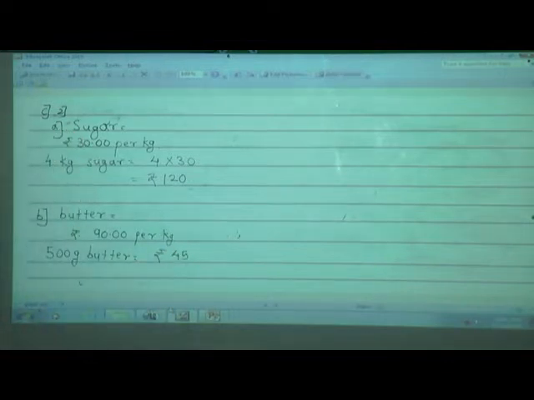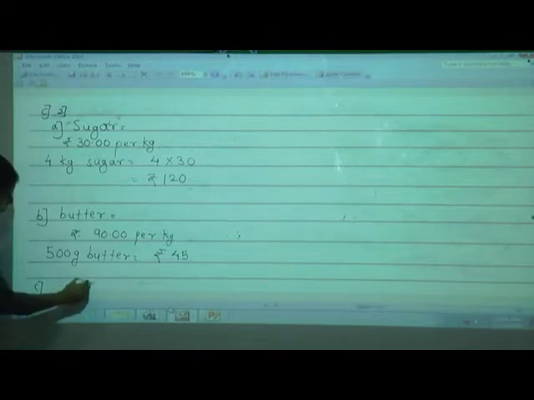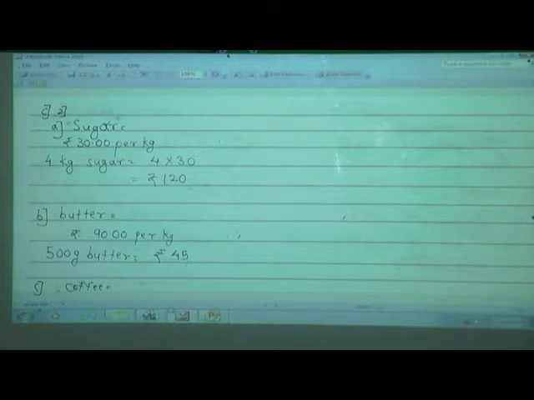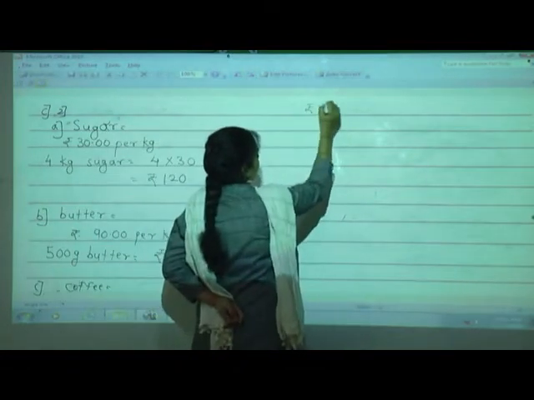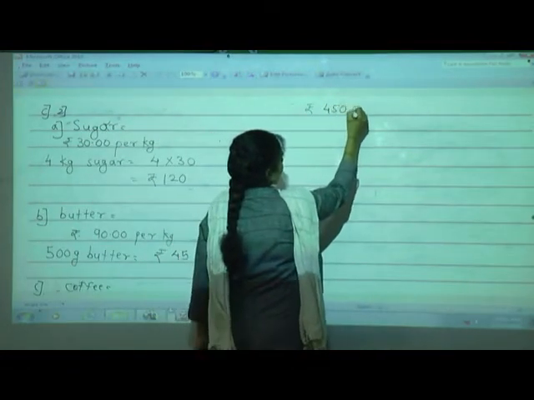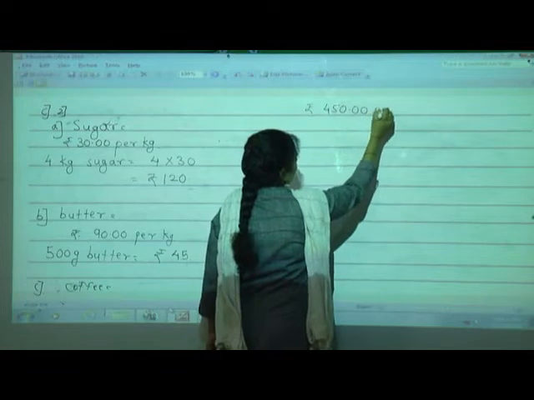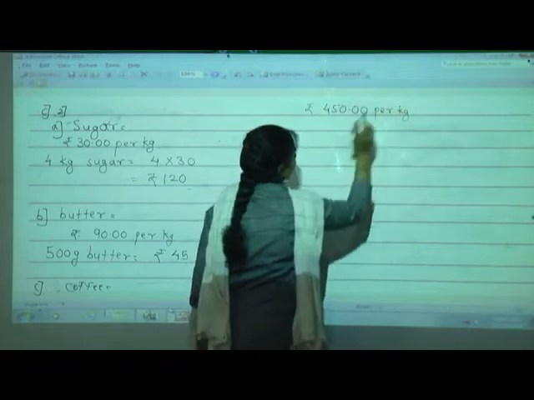Now coffee, 2 kg coffee. So the rate of coffee is rupees 450 per kg. That means 450.